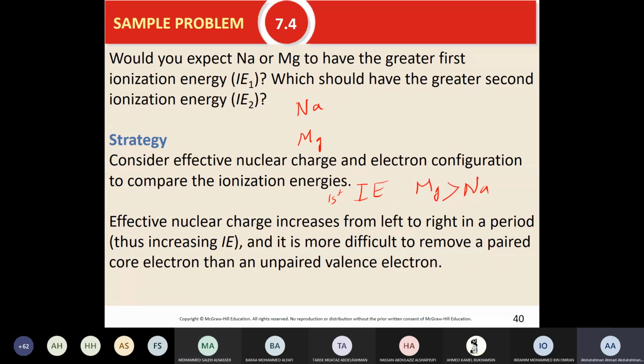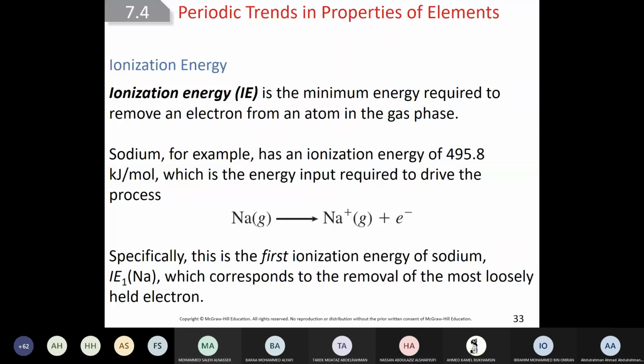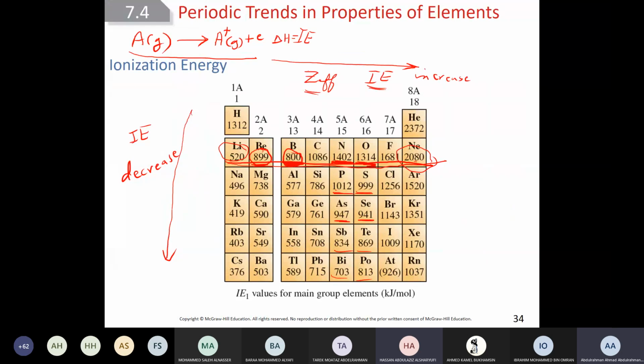Why is that? Because Mg is in the second group and sodium is in the first group. As we go across, what happened? So this is Mg.